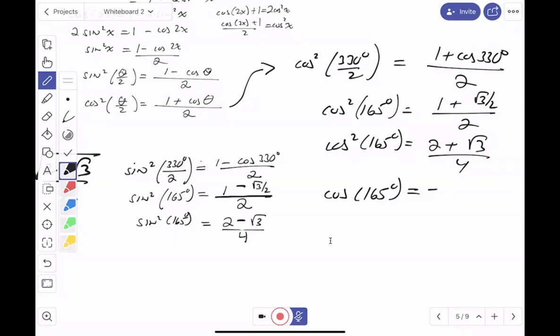What's nice is something disappears, and we're left with 2 sine X cosine V. All right, let's go back over here. I want to point out that's what you're staring at over here.